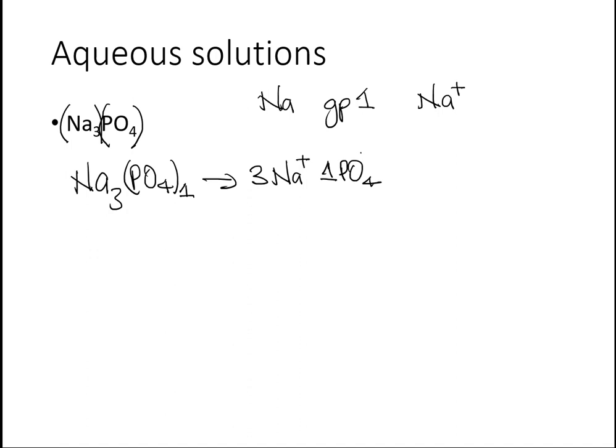At least we know the charge of the 3 sodium ions here, but we don't know the charge of the phosphate. So we just call it X. We know the charge of the sodium. We have 3 of them. Each one is charged +1. But we don't know the charge of phosphate, so we just put X as the charge of phosphate.